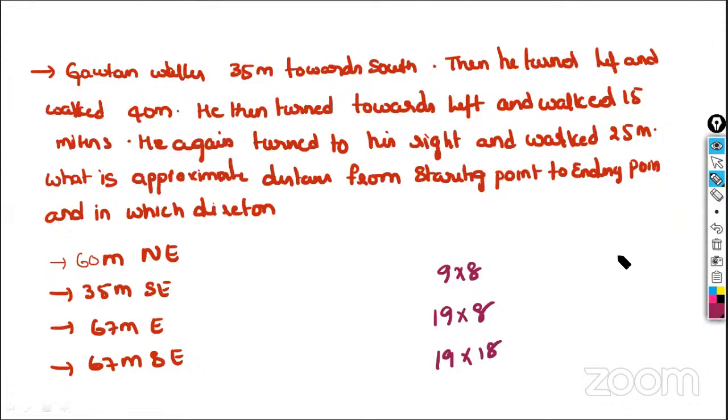Any logical method or normal method you are using? Don't use mobiles and calculators, please. Why? Because in the examination, they won't provide calculators, pages, or mobile phones. No gadgets will be allowed in the examination, right? Remember it.